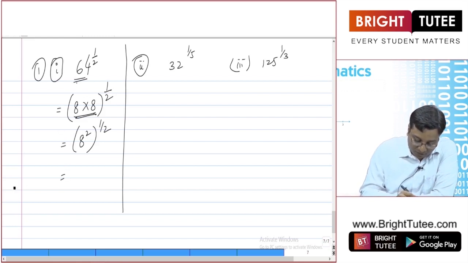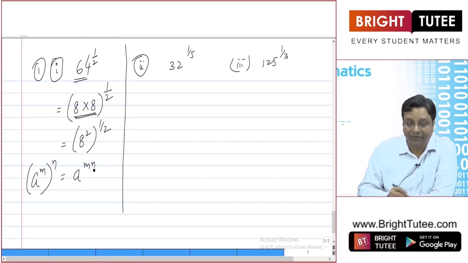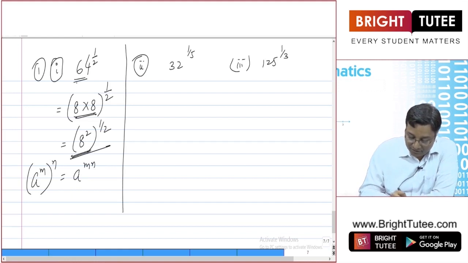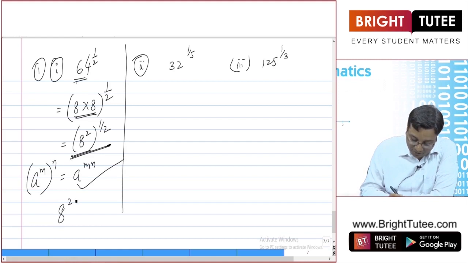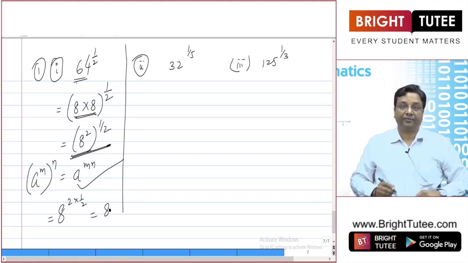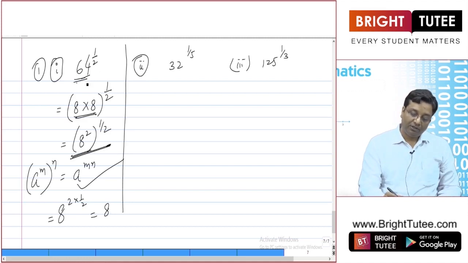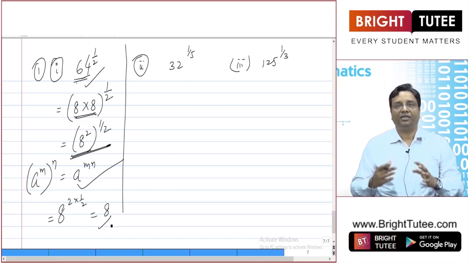Given the laws of exponent, the law that I will be using here is a raised to power m raised to nth power can be written as a raised to power mn. So I can write it as 8 square into 1 by 2, which is nothing but 8, right?